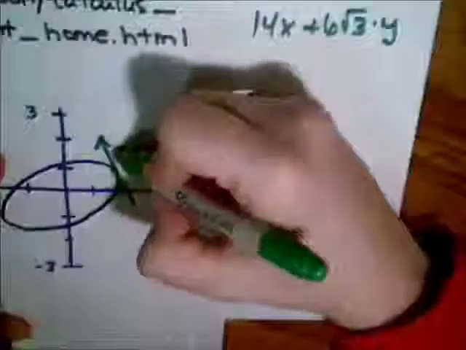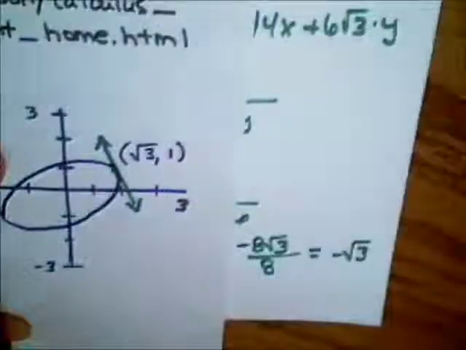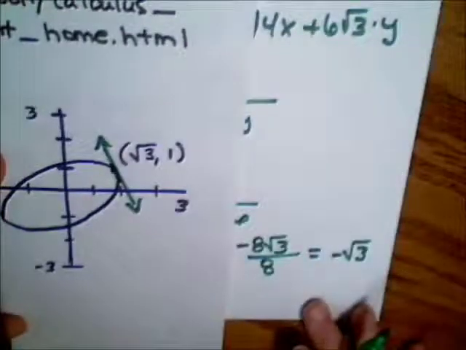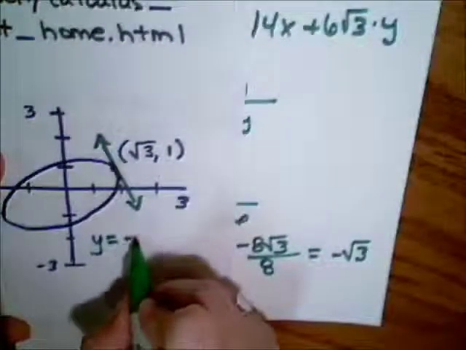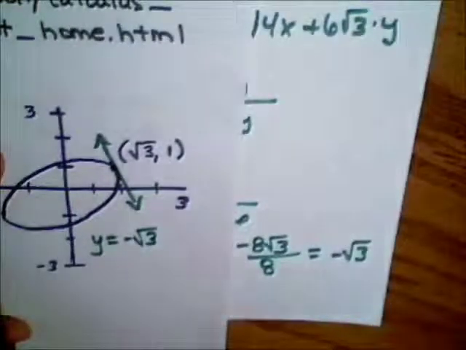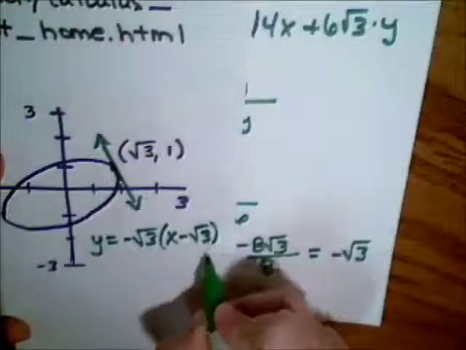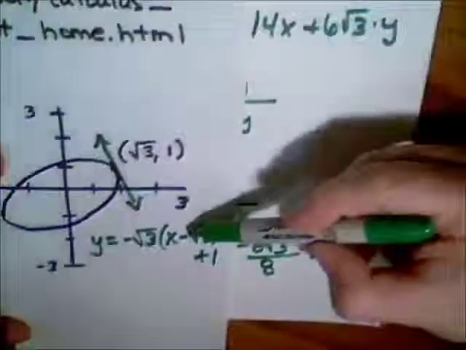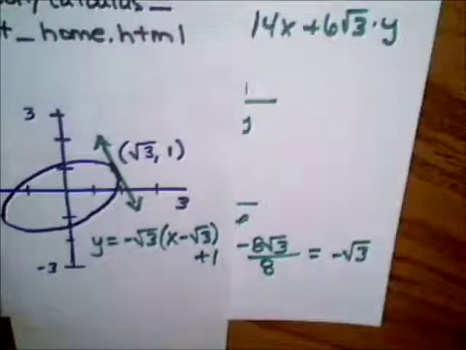Now this line that I drew that is supposed to best approximate this curve near square root 3, 1 has an equation. We know the slope of that line would be negative radical 3. And then we need to add in x1 and y1. So that ends it for example 3.